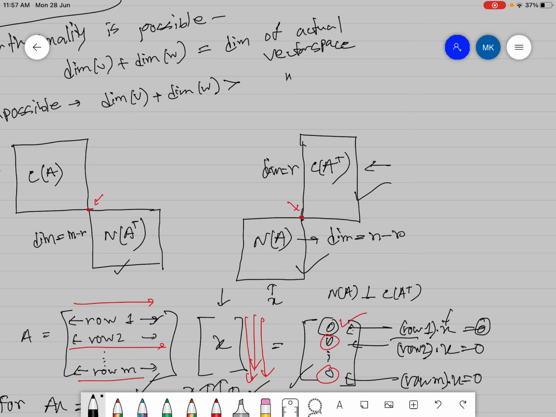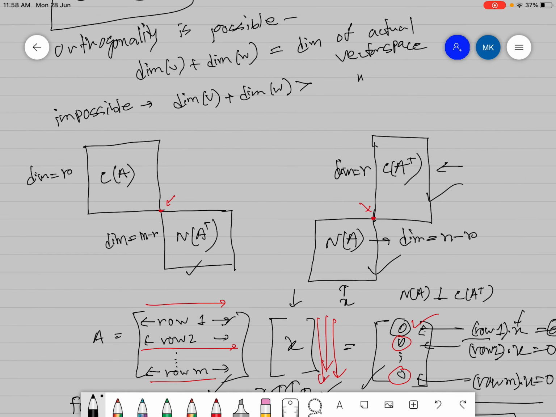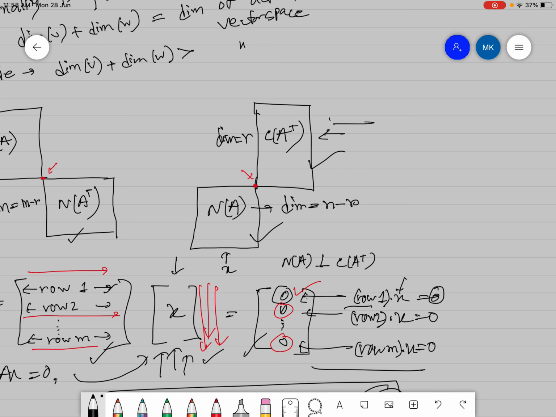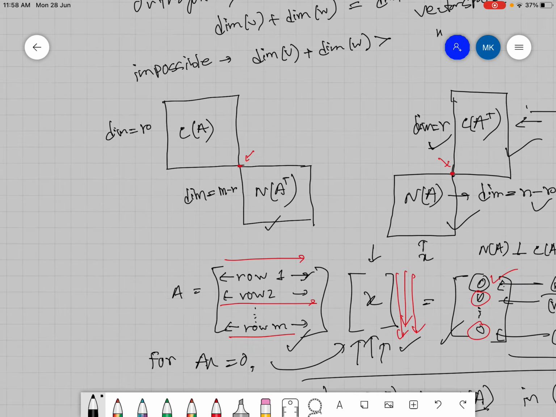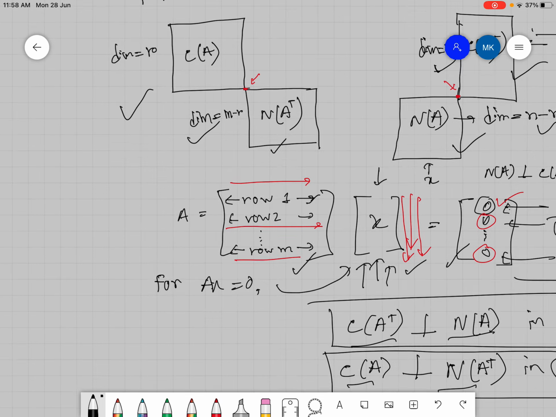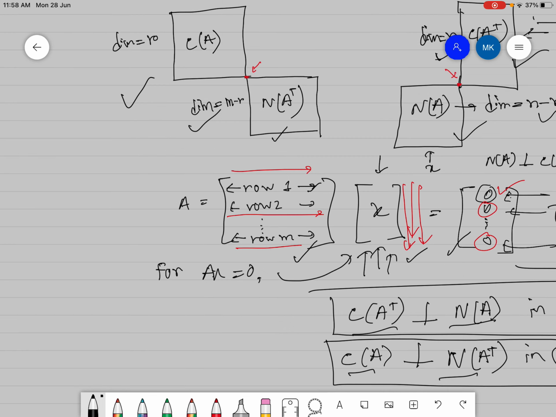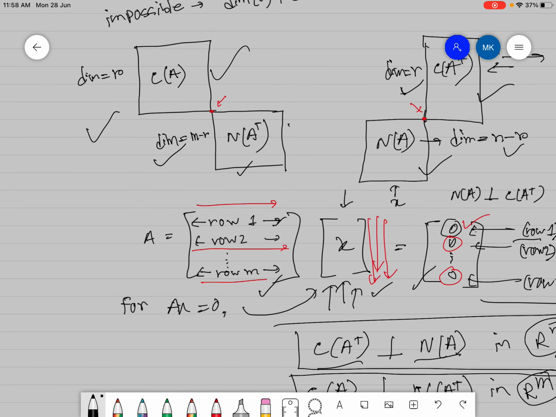So as you can see, they are complementing each other. As these are in Rn, if you add this one and this one, you'll get r plus n minus r equals n, which is equal to the dimension of the whole vector space, and this is also true in this case. So that's why these vector subspaces are not only orthogonal, but they are orthogonal complements, because they complement each other to be equal to the dimension of the whole vector space.